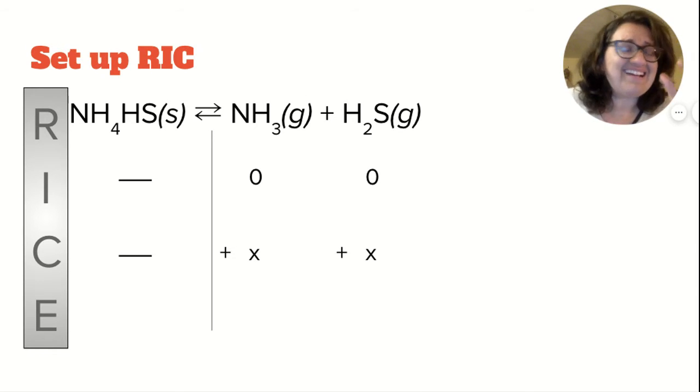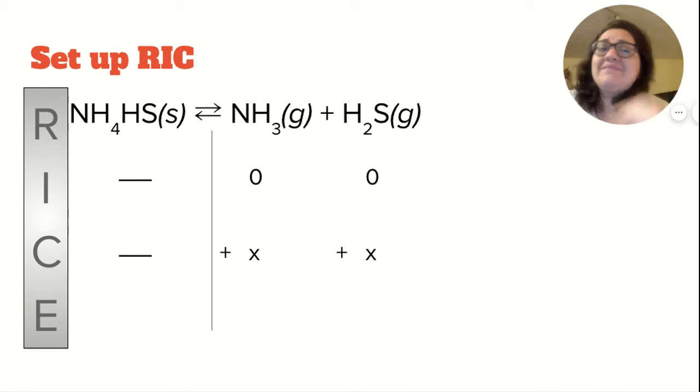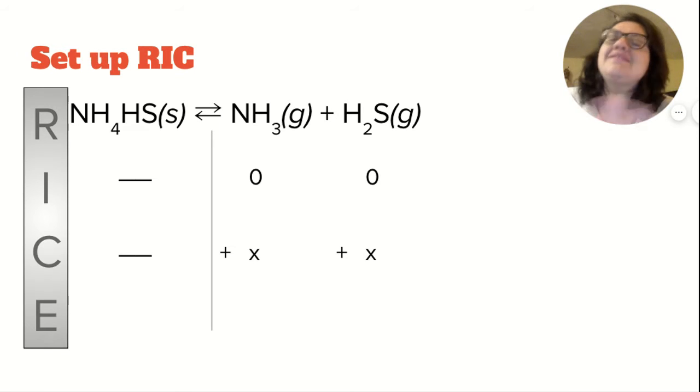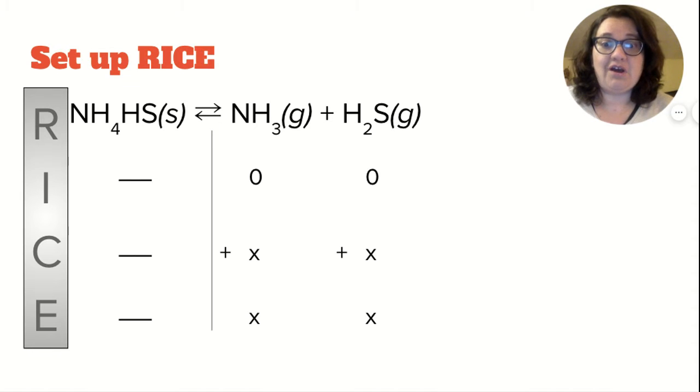I mean, it's got some vapor pressure, but it's tiny. It really doesn't make sense to write negative X there. So I'm just going to ignore it. Okay, so I now have a way to write the equilibrium expressions, right? The equilibrium expressions are X and X. Woohoo! Okay, not that exciting.